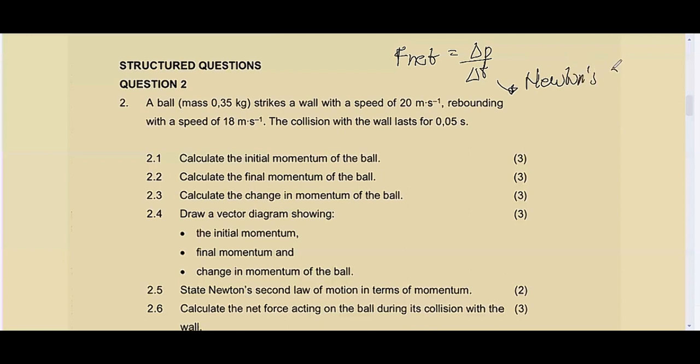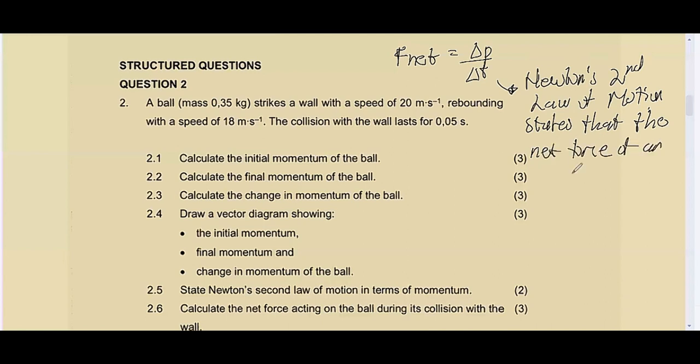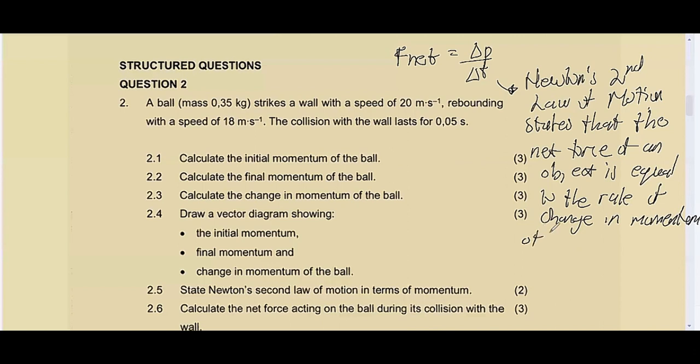You just mainly say, Newton's second law of motion states that the net force of an object is equal to the rate of change in momentum of the object in the direction of the net force.